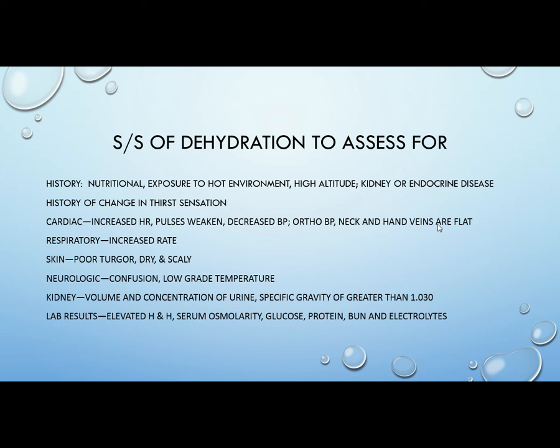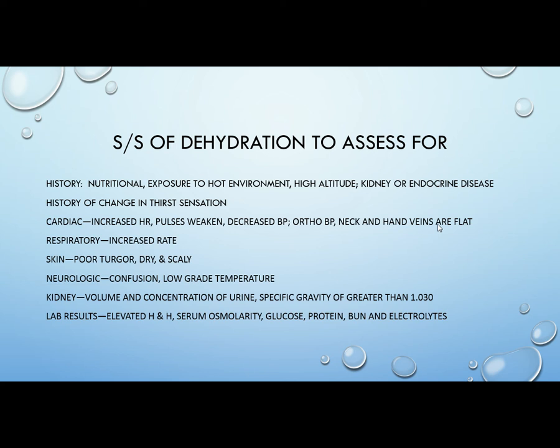Okay, dehydration is determined by signs and symptoms along with their lab results. So you need to know your norms on all of your labs. Usually the patient's going to demonstrate hemoconcentration unless the dehydration is caused by a hemorrhage, which is a loss of blood or plasma products together.